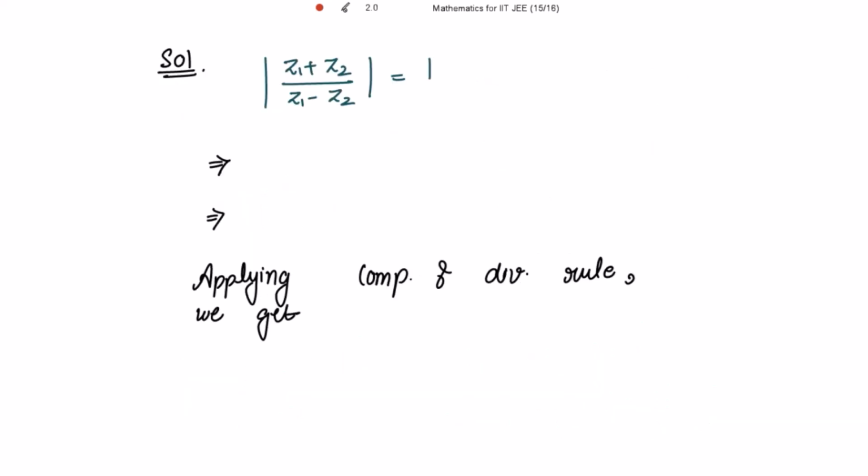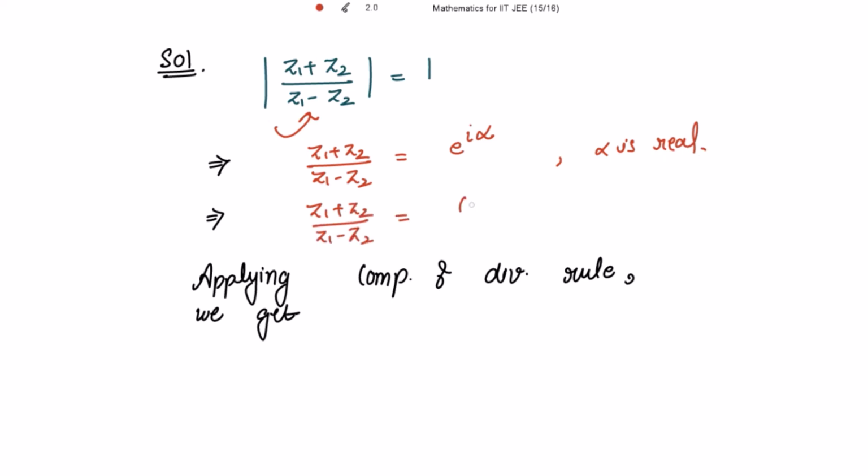So it is given to us that the mod of (z1 plus z2) divided by (z1 minus z2) is equal to 1. Whenever such a mod is equal to 1, we can write this number as (z1 plus z2) divided by (z1 minus z2) equal to e to the power iota alpha, where alpha is real, and this is equal to cos of alpha plus iota sine of alpha.